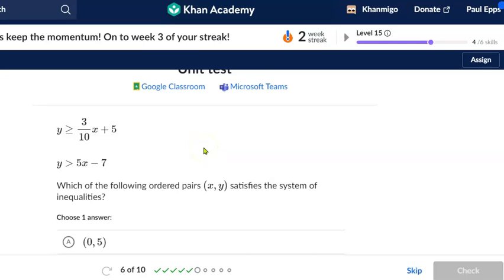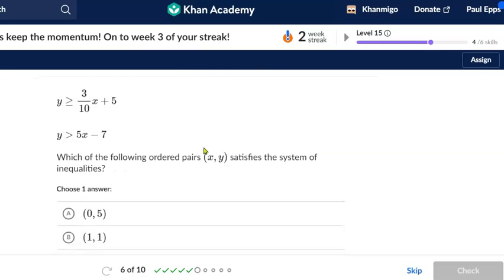y is greater than or equal to 3/10 x plus 5, and y is greater than 5x minus 7. Which of the following ordered pairs satisfies the system of inequalities? I think I would just plug them in and see.